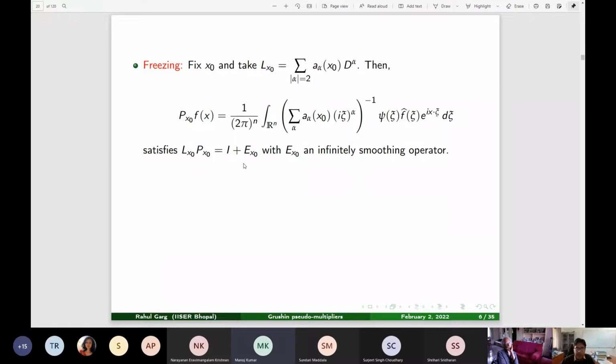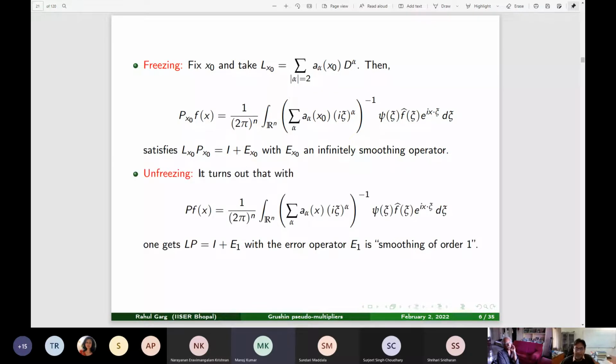And once one has it, the next step is to unfreeze it. So instead of freezing this point x naught, one takes an arbitrary polynomial of this type for any point x, uses the same, and looks at whether this is actually inverting the original operator, in the sense that LP is I plus something which is smoothing.